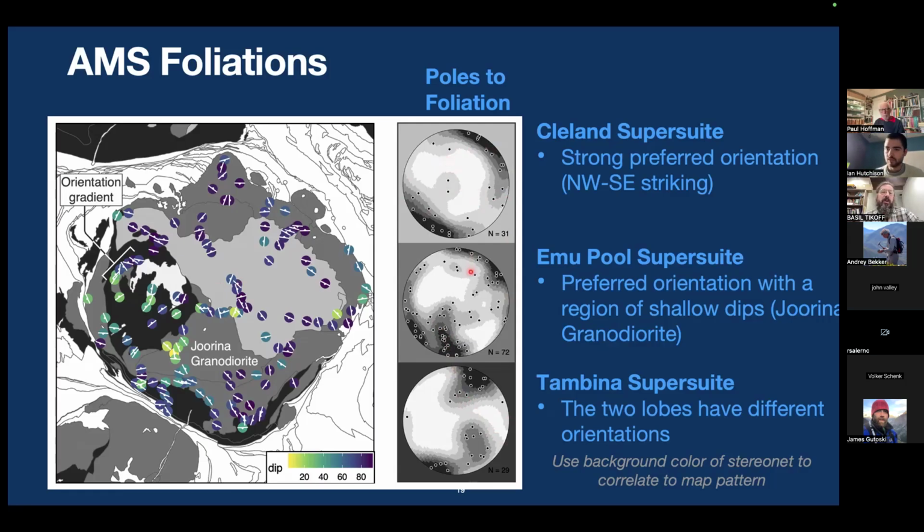The Emu Pool shows that same orientation, but also some shallow dips, and those shallow dips occur in an area where there seems to be a dome feature caused by the bowing up of intrusions from the Cleland suite. And then the Tambina suite shows two lobes of different orientation. So it makes sense: the further back in time you go, the more complicated it is.